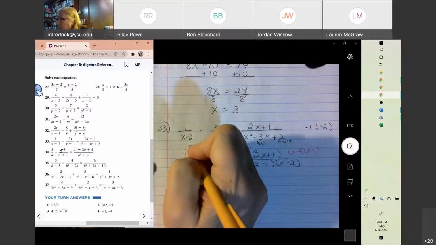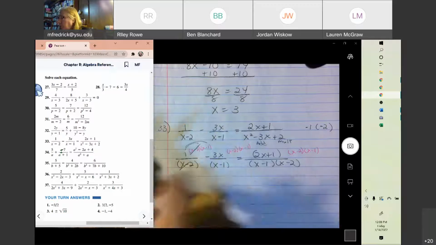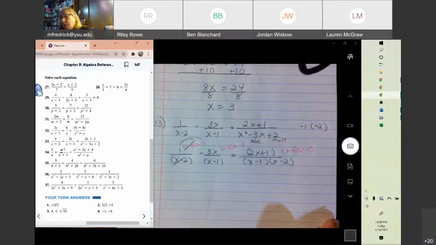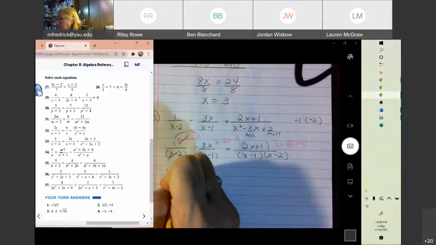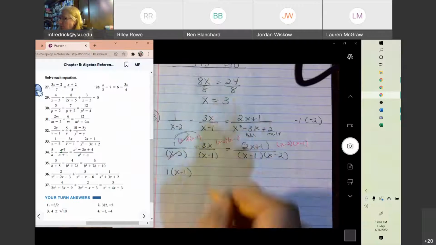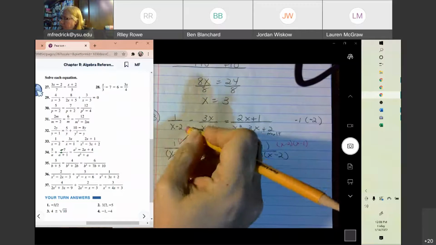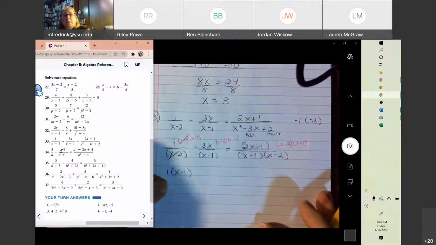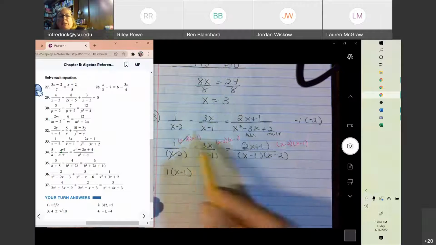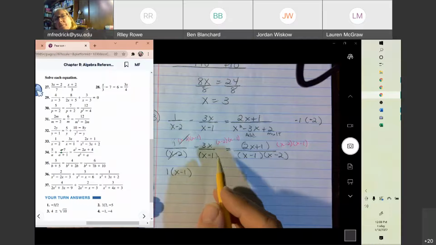And then you can distribute the 1 here, or you can distribute it later. I think I'll write it out so that you can see what we're doing. Normally, I would just do my distribution there. But it would be 1, which doesn't change anything, times x minus 1.